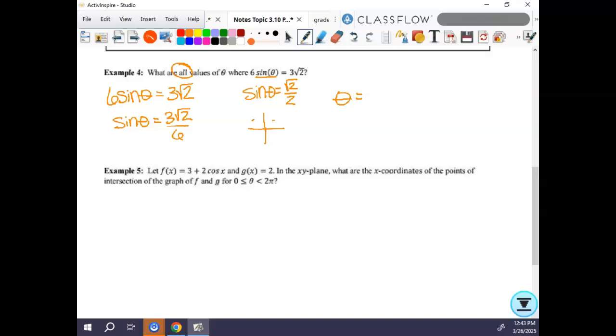So what angle gives me a sine value of the square root of 2 over 2? Pi 4. Do I need to put plus 2 pi k? Yes, plus 2 pi k. And then I need my second quadrant. What would that be? 3 pi 4 plus 2 pi k.